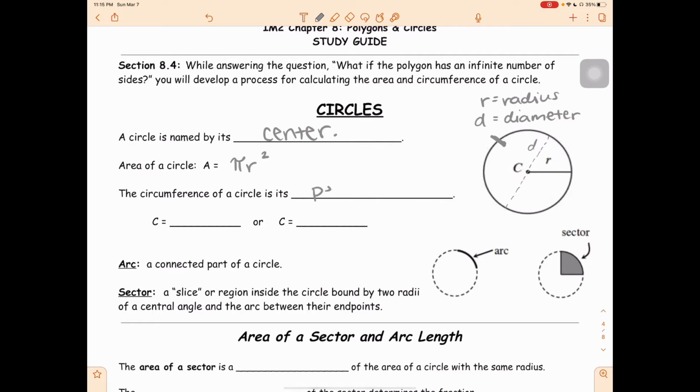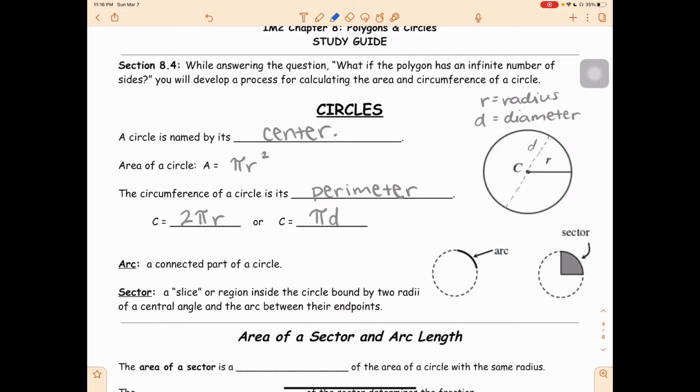So it's essentially its perimeter. Now the circumference of a circle can be found by the formula 2 pi times r, or simply pi times the diameter. But more often than not, this is what you will see as the formula for the circumference, 2 pi times r.